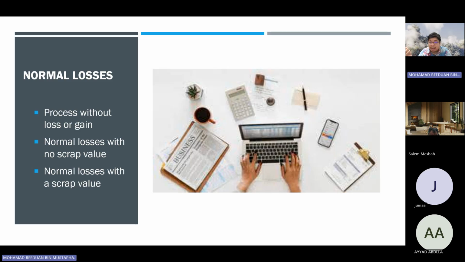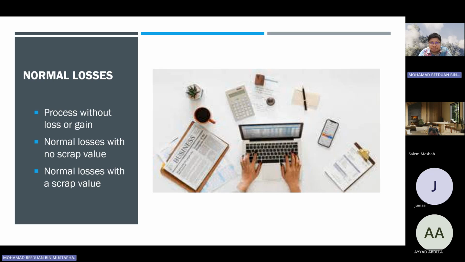But sometimes the scrap has a value and sometimes it doesn't. So there is a way of calculating those, because if the value is there, we can sell the scrap. The scrap actually comes out after a certain stage of production, and it can be something sellable.